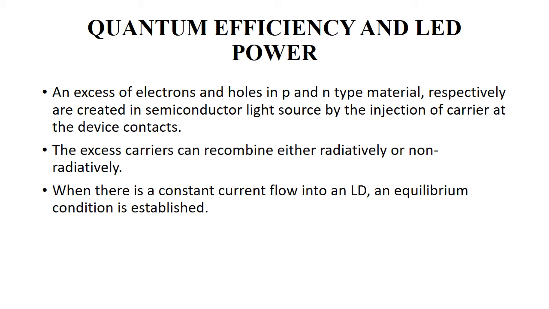Here an excess of electrons and holes in P and N type materials is created in a semiconductor light source by the injection of carriers at the device contact. The excess carriers can recombine either radiatively or non-radiatively. When there is a constant current flow into the LED, the equilibrium condition is established.